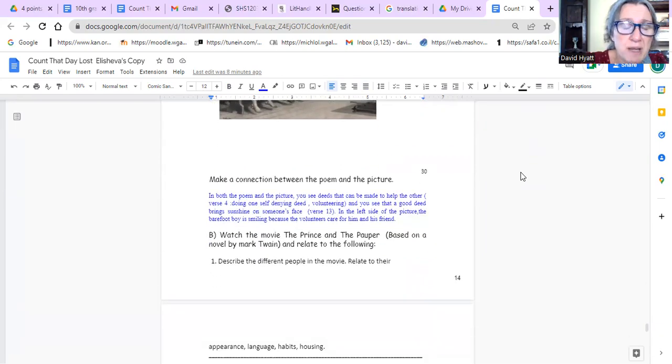Now, you're being asked, שואלים, make a connection between the poem and the picture. תעשו קשר בין השירה לתמונה.